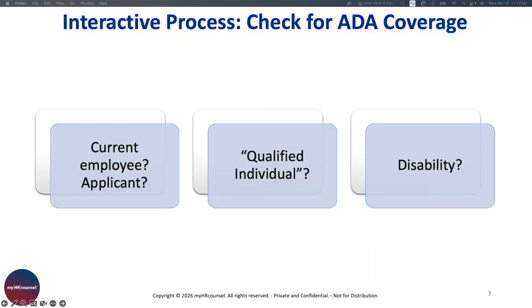So a direct threat is basically a significant risk to the health or safety of others that can't be eliminated by reasonable accommodation. When you look at the duration of the risk, the nature and severity of the potential harm, the likelihood that the potential harm may occur, and the imminence of potential harm. A person who is a direct threat may not need to be accommodated.